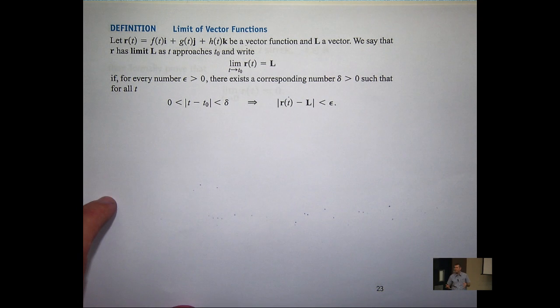What about if we wanted to get a little bit more precise? Now, some of you may have seen this definition in first year, some of you may not. 1131 would be the place where you may have seen it, although this is in a slightly different form because we've got vector-valued functions here. All right, so let's try to read it and understand what's going on.